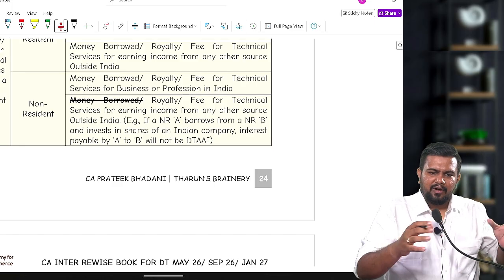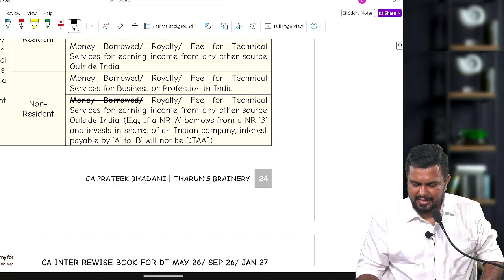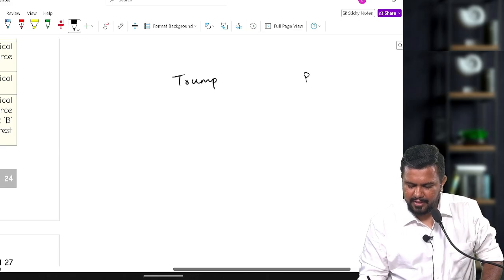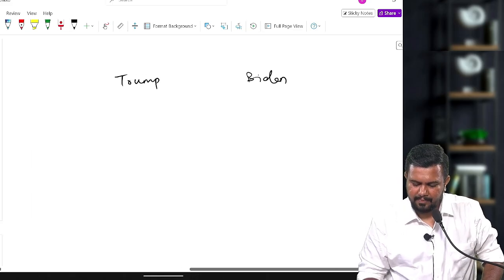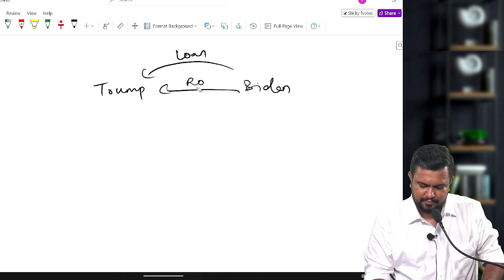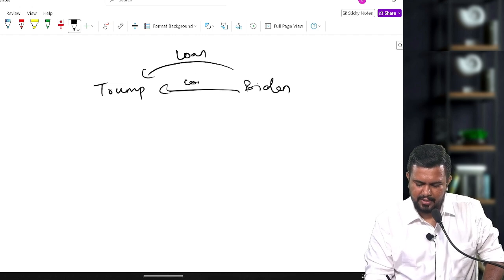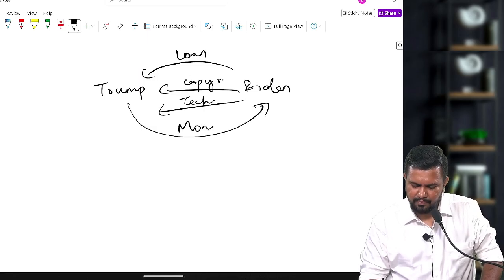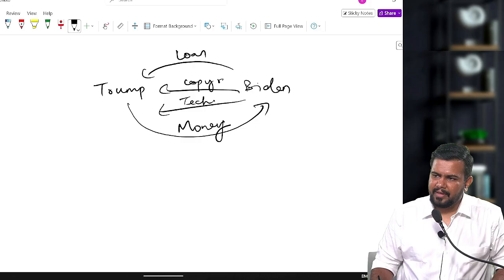Okay. So one non-resident is taking. Shall I give an example? Quick example. Trump, Biden. So Trump is taking a loan, or paying royalty, having taken a copyright or technical service. And he is paying money to Biden.